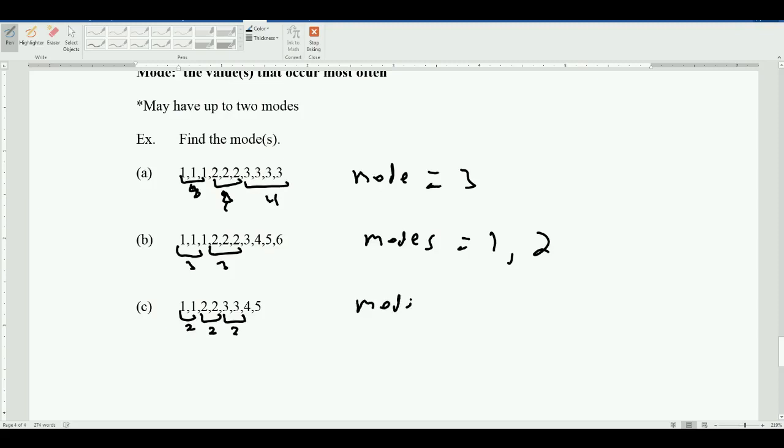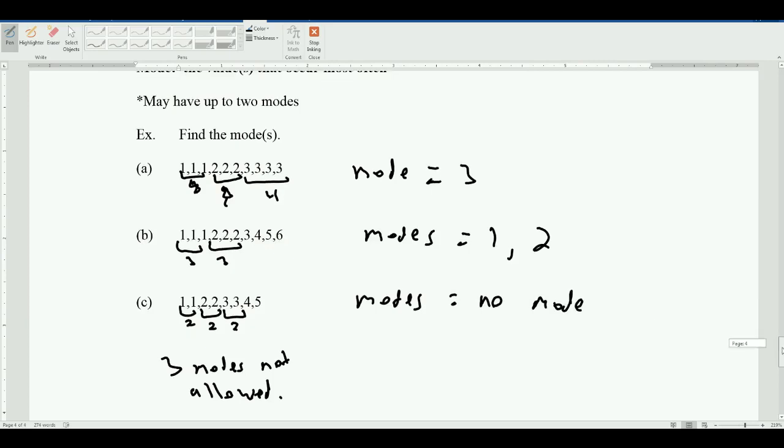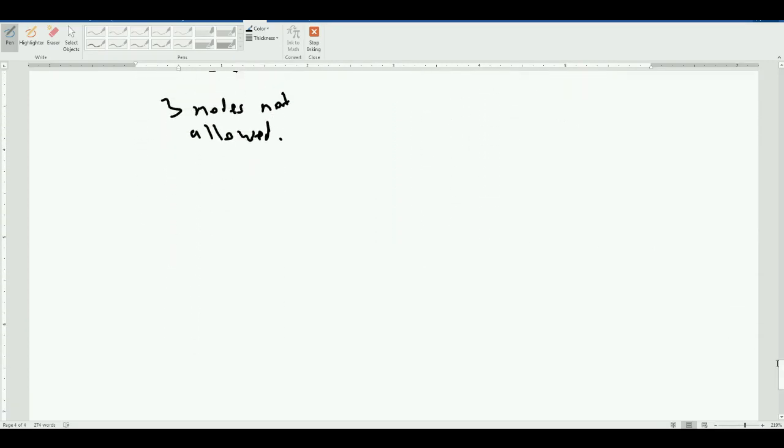That's too many modes. We can't have 3 modes. 3 modes not allowed. So the answer is no mode. So mode's fairly easy, so don't get hung up on that. And that's it.